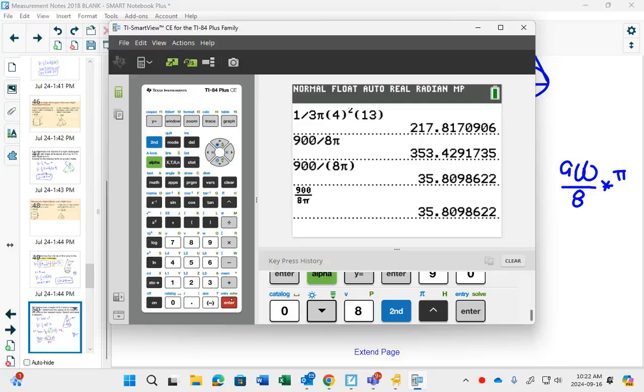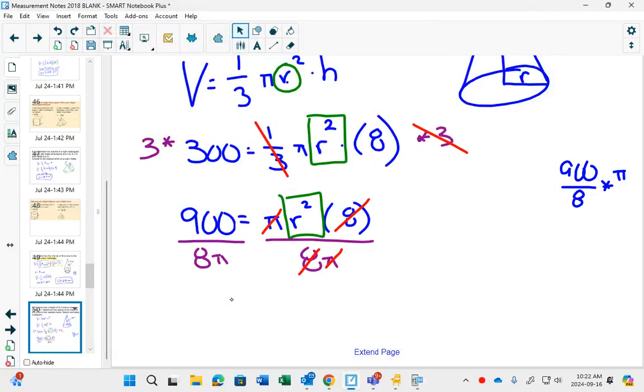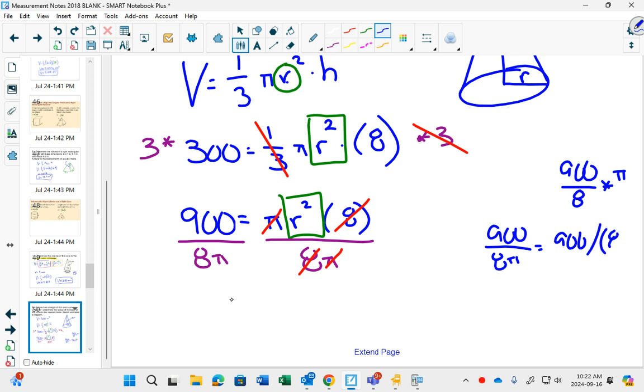But if you do type this into your calculator, make a note of this: 900 divided by 8 pi on your calculator would be 900 divided by bracket 8 pi, to avoid that mistake. Okay, my grade 12s still make that mistake tons, so we'll see it now already.